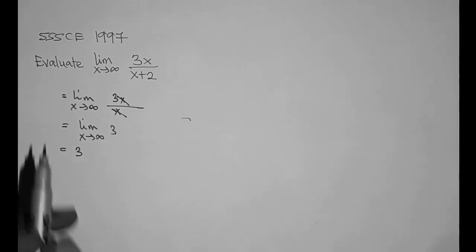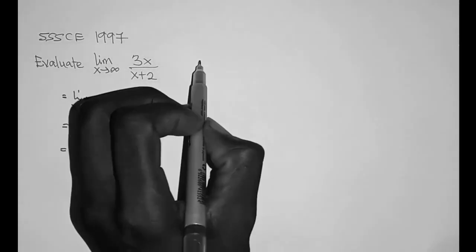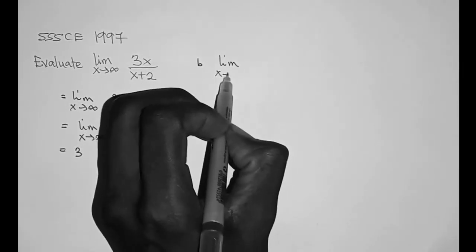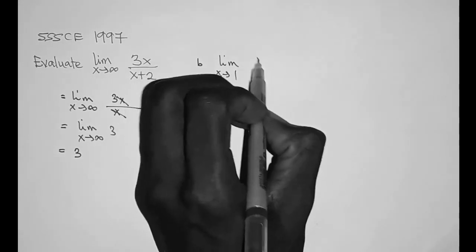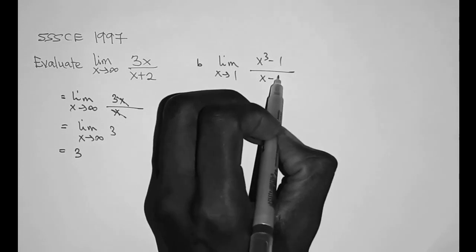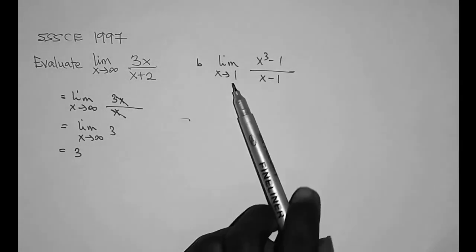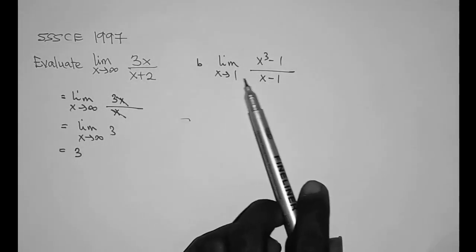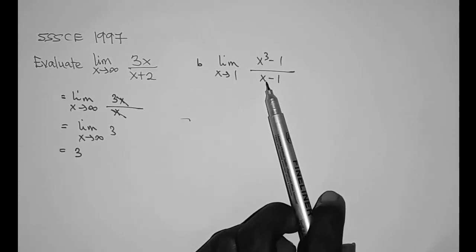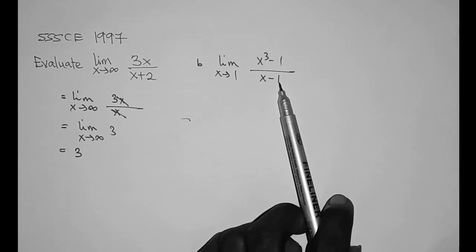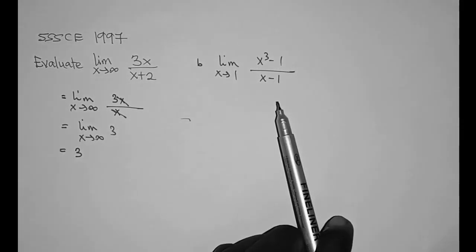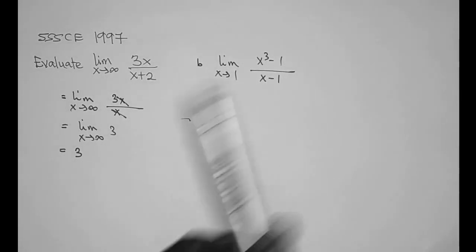Now, the B part is saying we should find the limit as x approaches 1 of x cubed minus 1 divided by x minus 1. So you see that in this case, if we put x equals 1 here, the denominator will be 0, and we want to avoid that situation. So what we need to do is to factorize the numerator. But here it is x cubed.